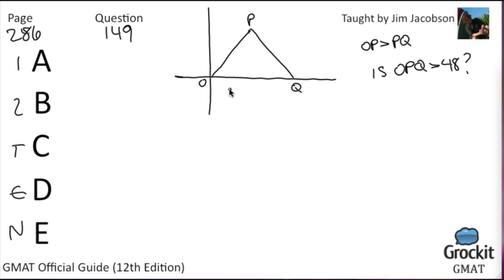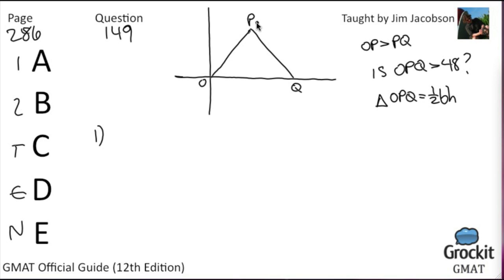Okay, so we don't have any other information. Remember that the area of OPQ would be 1/2 the base times the height. So if we can determine the base and the height, we can determine whether it is greater than 48. So statement 1 over here gives us that the coordinates of point P are 6 and 8.